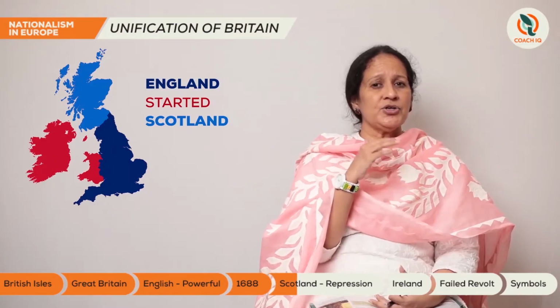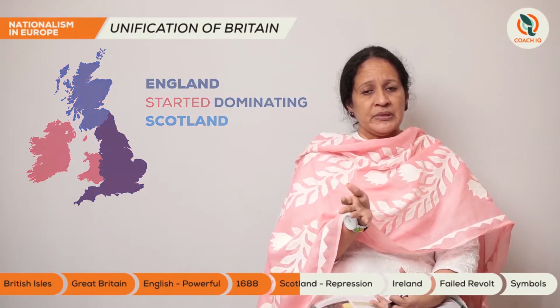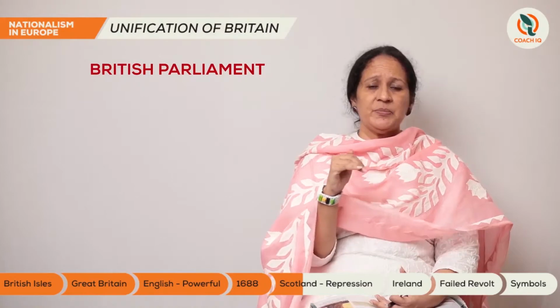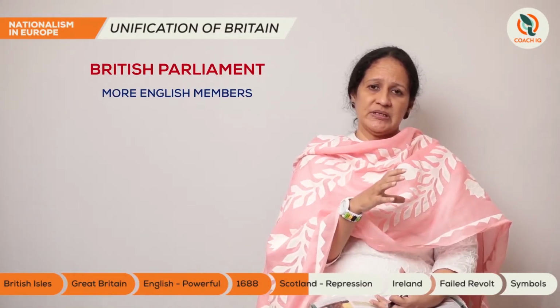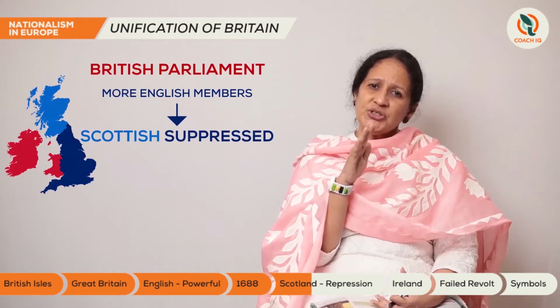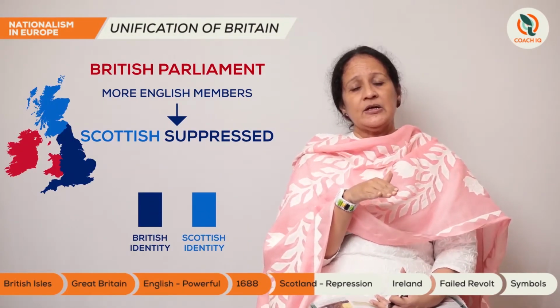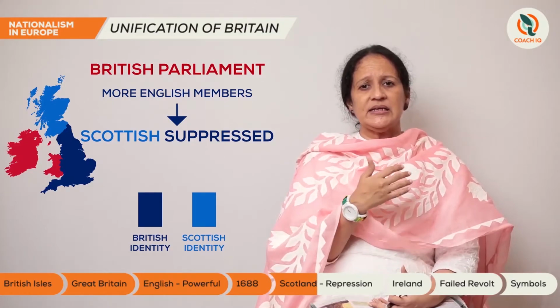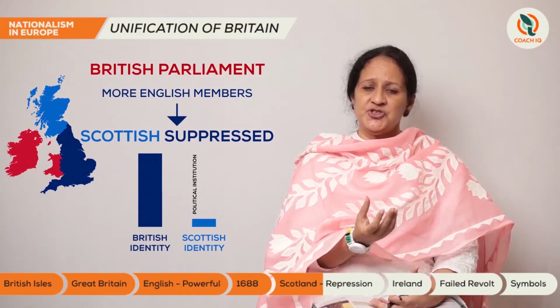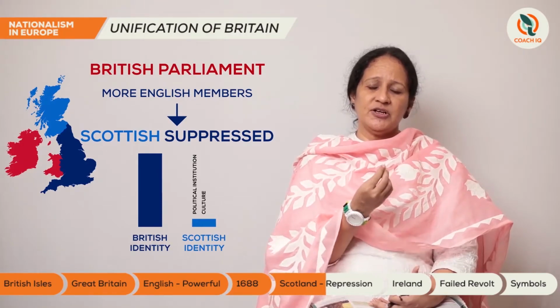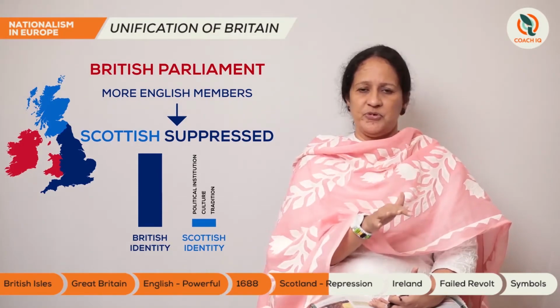That is, they started dominating over Scotland. The British Parliament now had more of English members, and the Scottish now was suppressed. So as the British identity increased, the Scottish political institutions, their culture, their tradition was suppressed.